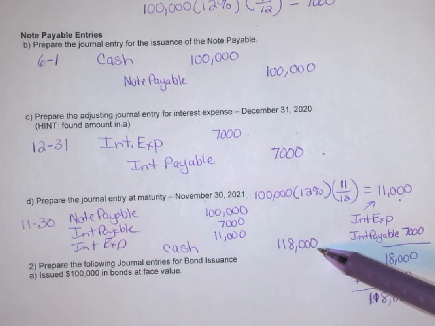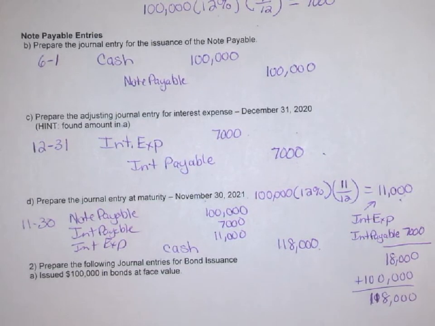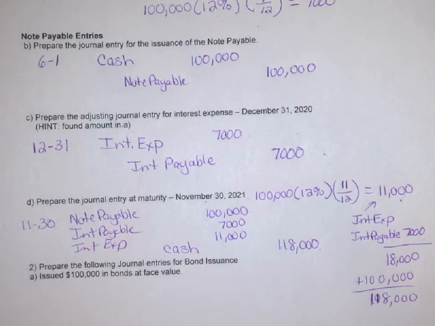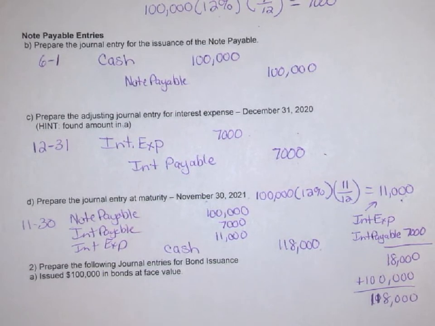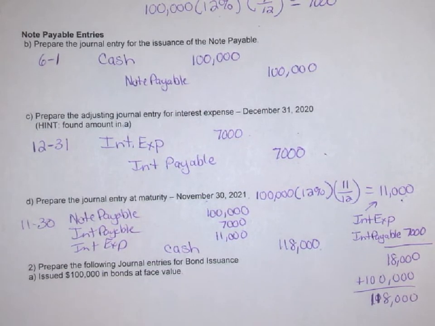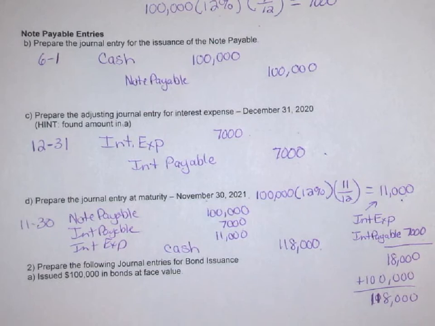And so everything balances out, and that would be how you would look at the maturity point of that particular loan. And this is a long-term liability because it was over a year. Remember with current liabilities are things that are less than 1 year or less. So this one's a long-term liability because we were looking at more than a year.